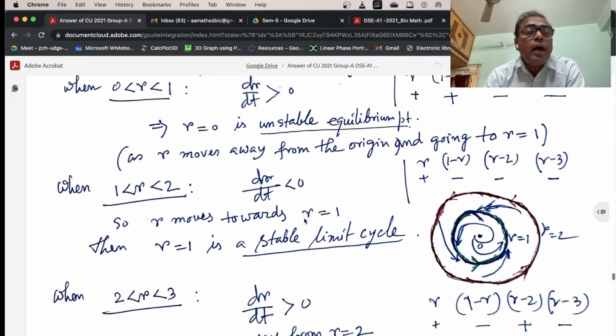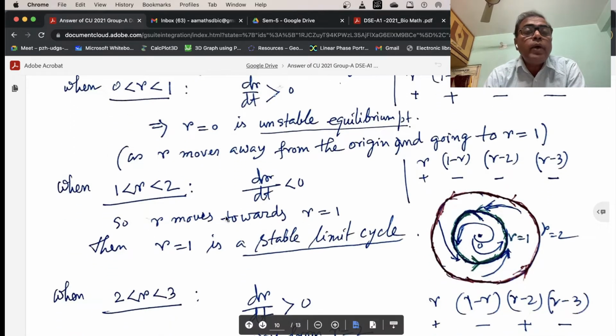And when r lies between 1 and 2, r is positive, 1 - r is negative, r - 2 is negative, r - 3 is negative. So dr/dt is negative, and r is a decreasing function of time t, so r moves in the inward direction.